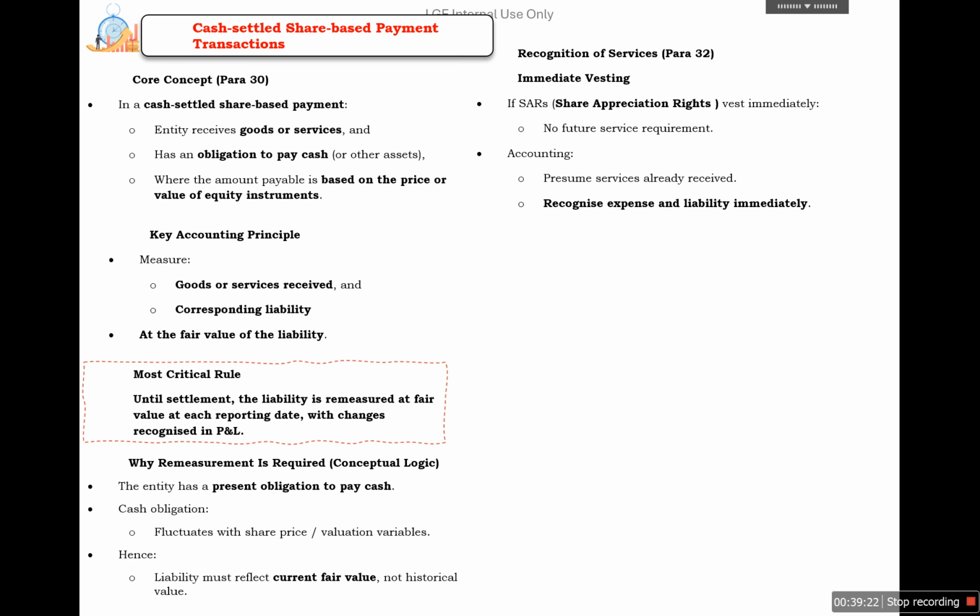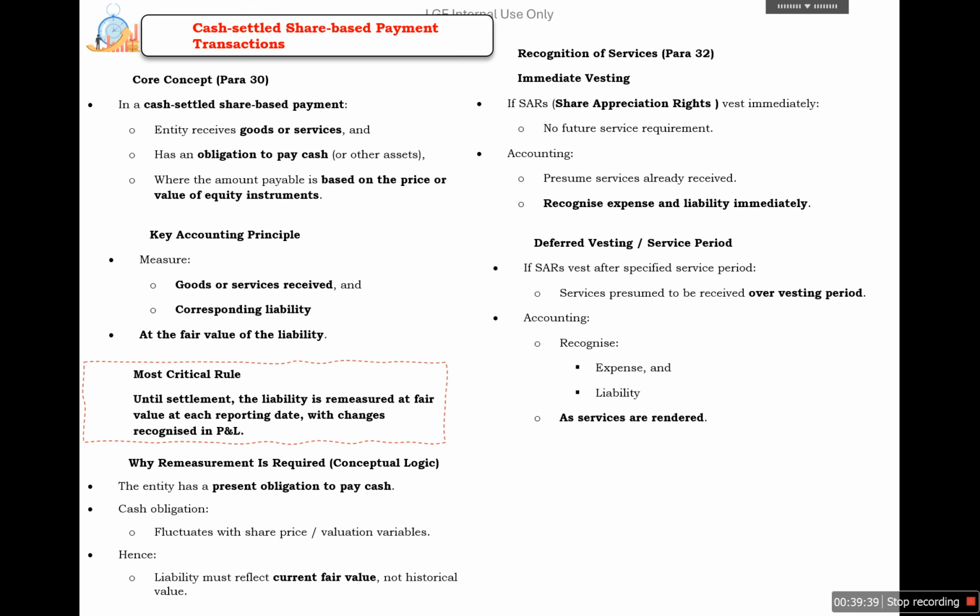And in case there is an immediate vesting, for example, SARs, share appreciation rights, if they vest immediately with no future service requirement, in that case we need to presume that the services have already been received and we need to recognize expense and liability immediately.